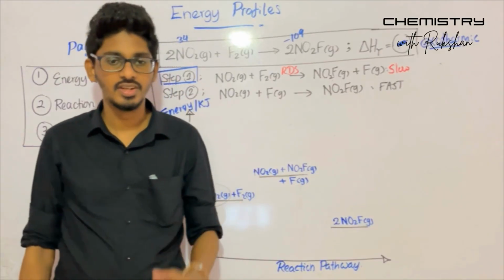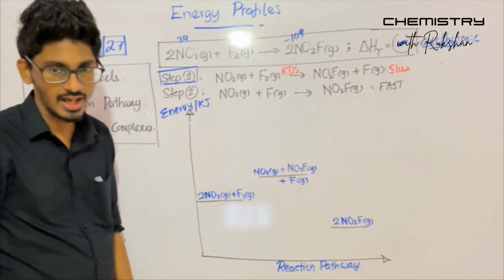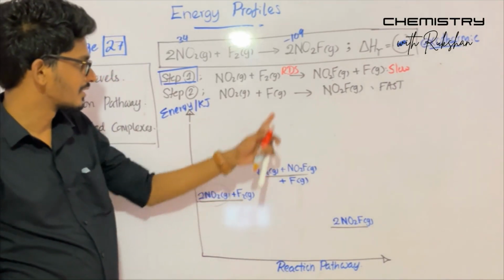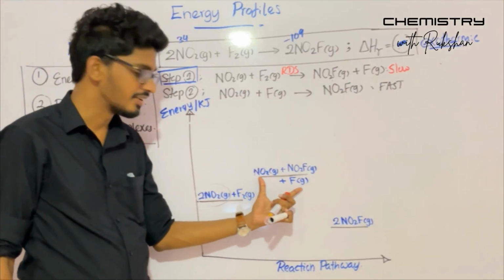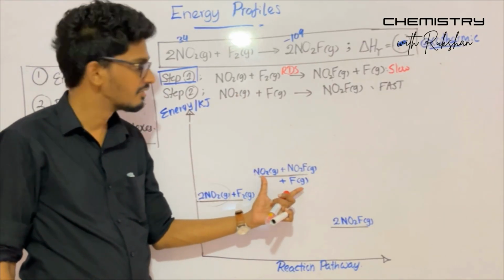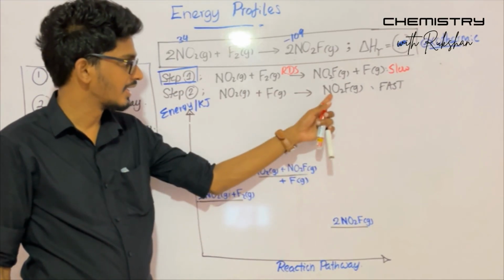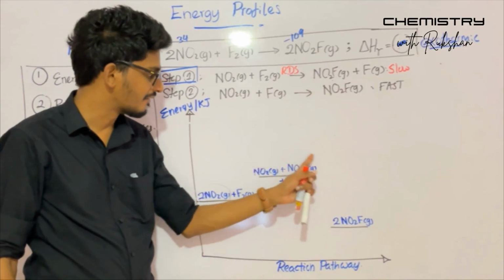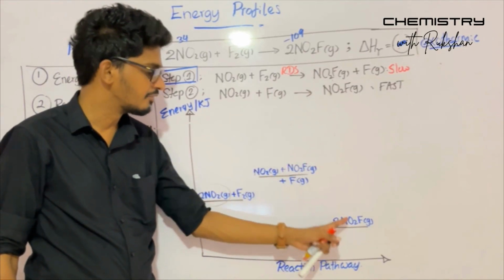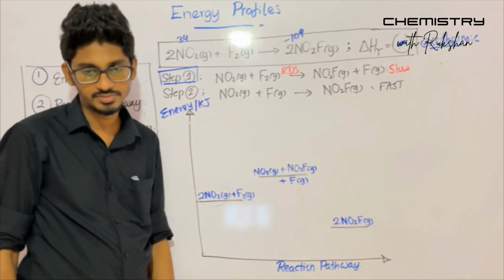See whether it's happening or not. At the second step, what happens? The remaining NO2 and F, these two will react to come up with one NO2F. So these two form one NO2F, and the other remaining NO2F will give you the two NO2Fs.